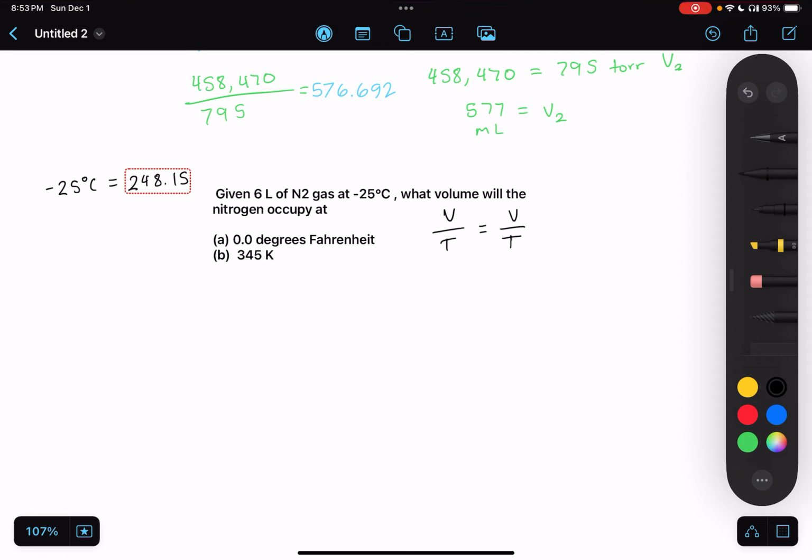So for 0.00 degrees Fahrenheit, we're going to get 255.372.